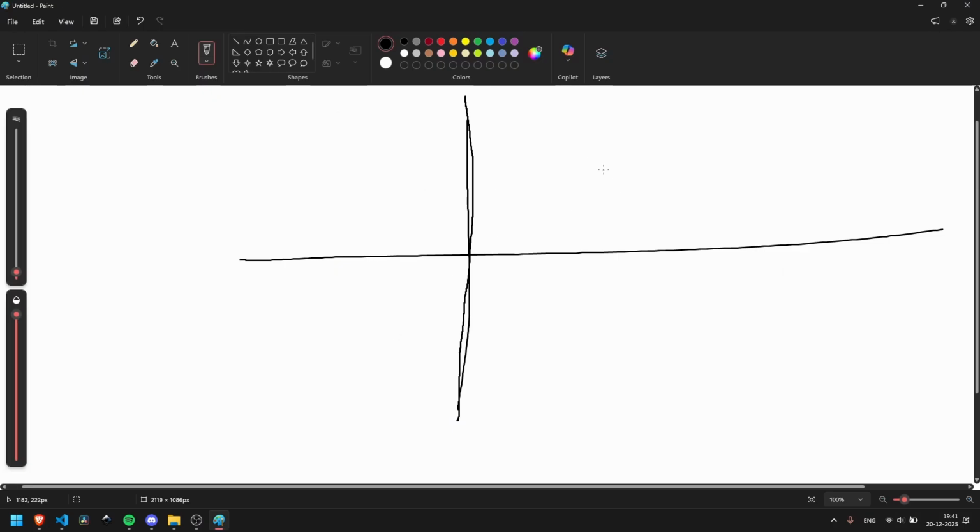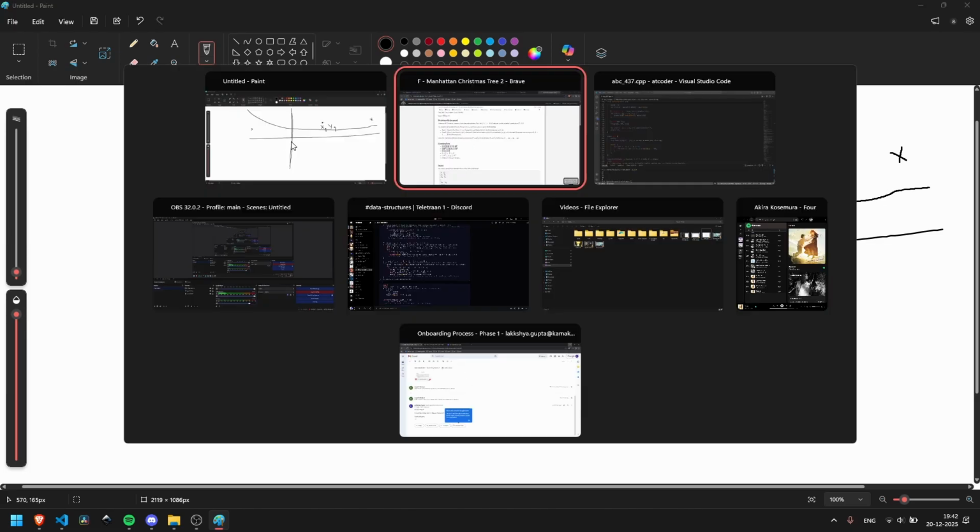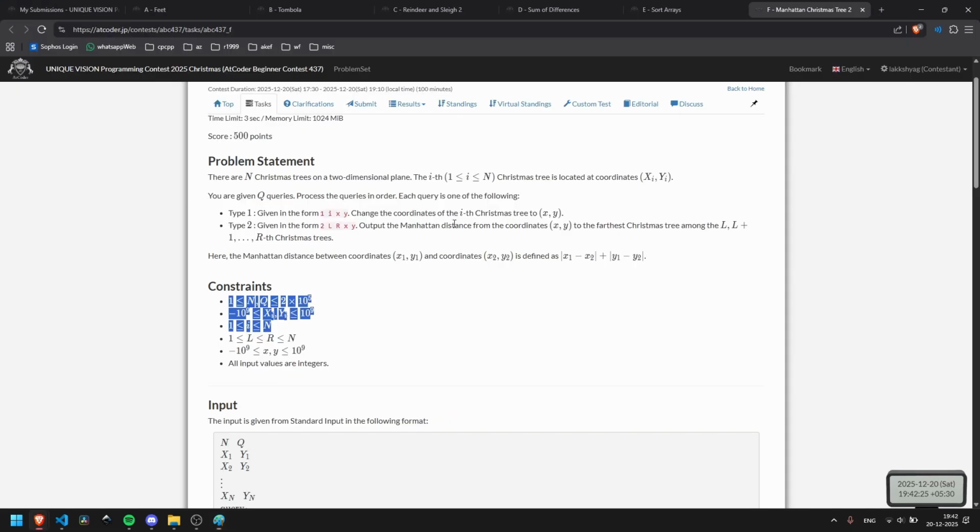You cannot run an n times q solution. So for every query we are given a point xq, yq, and we have to find the point which is the farthest from this. We could just maintain the point with the largest x, the smallest x, the largest y, and the smallest y, and based on that we can query all the points, right? But querying all the points is infeasible here.